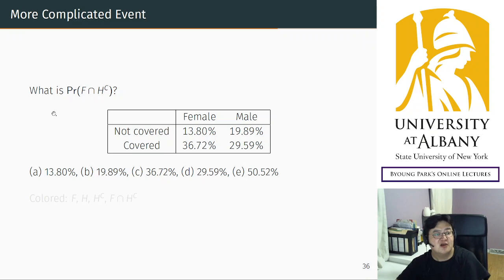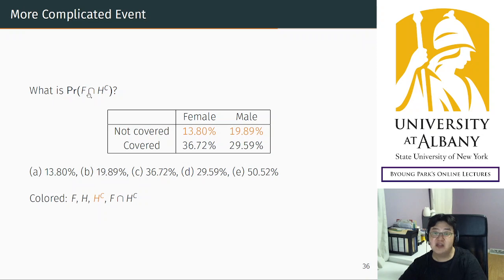I'm going to explain. Let's think about the events. First, event F includes these two outcomes. Event H includes these two outcomes. So the other two outcomes are H complement. H complement includes these two outcomes. Remember, H complement is this, and female is this. Female includes these two, H complement includes these two.